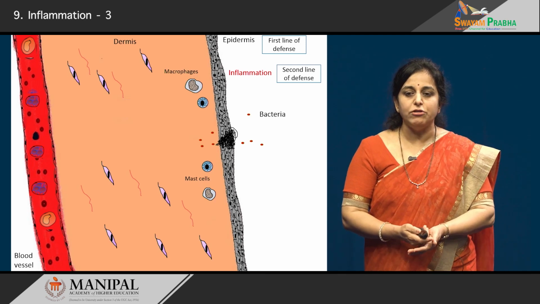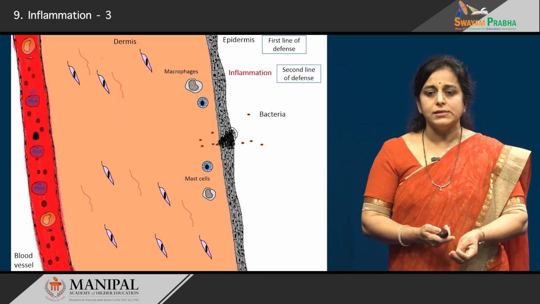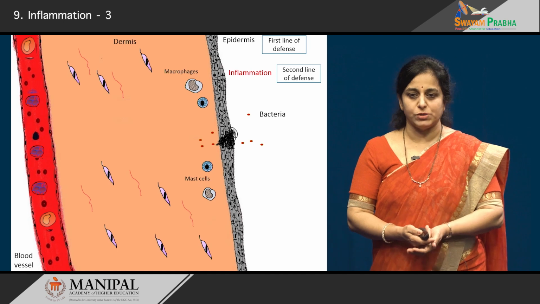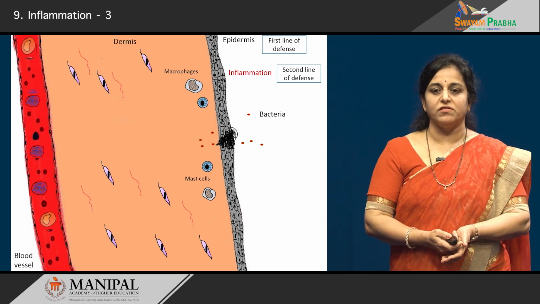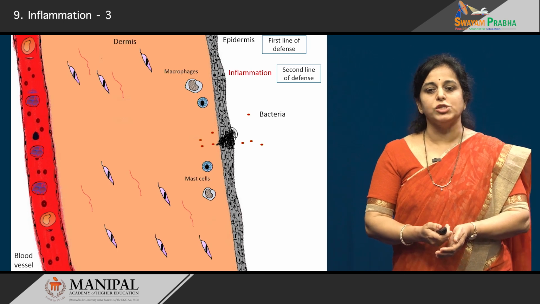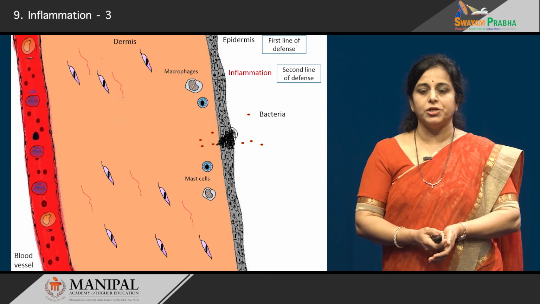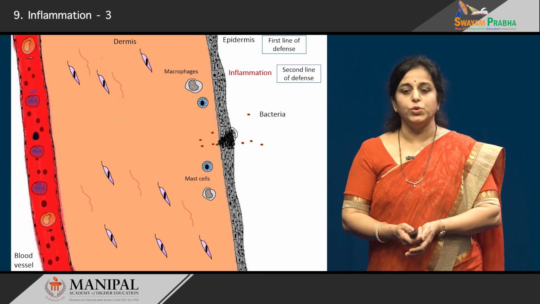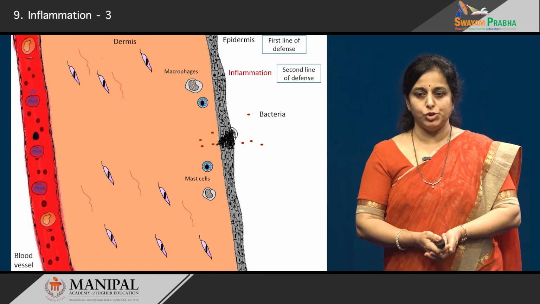Whenever there is entry of bacteria and there is dead tissue, there are cells in our tissue which are the first responders. Although the WBCs reside within the circulatory system, there are some WBCs which are present in the tissue. Some of the monocytes exit the circulation and lie in the tissue, and are called macrophages. Also, there are some mast cells in the tissues.